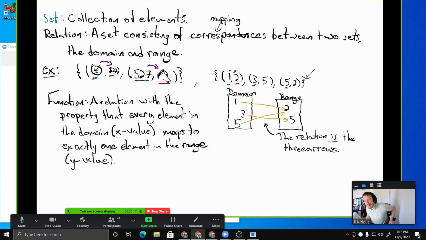Does 527 map to anything other than horse? No. Are there any other elements in the domain? No, the only elements in the domain are the pig and the 527. So each element in the domain maps to one and only one element in the range, so it is a function.